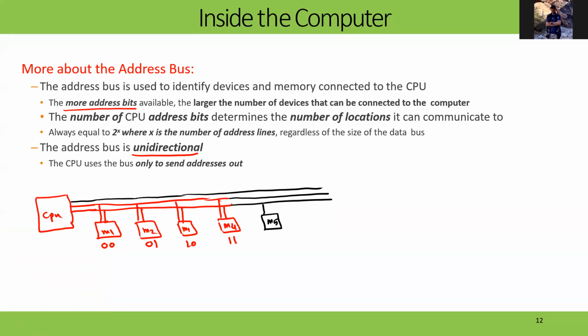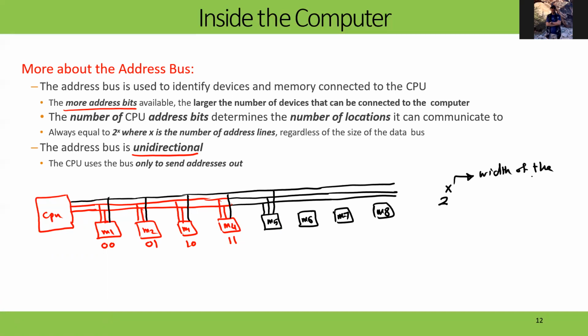You can put M6, M7, and M8 as well. Just 1 extra bit will double it. So basically, the number of modules that you can connect is 2 to the power of x, where x is the width of the address bus.